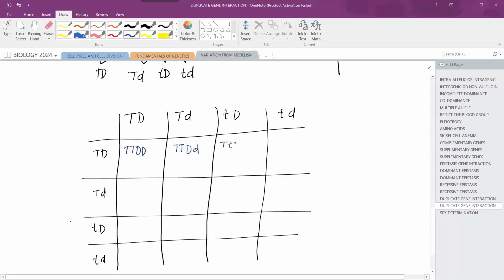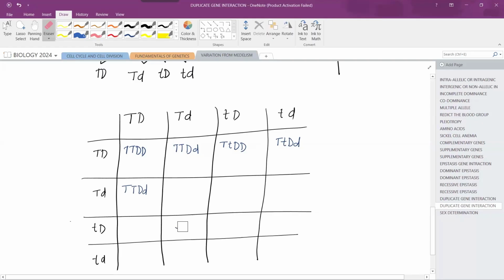Big D, big D. Big T, small t, big D, small d. Here, big T, big T, big D, small d.